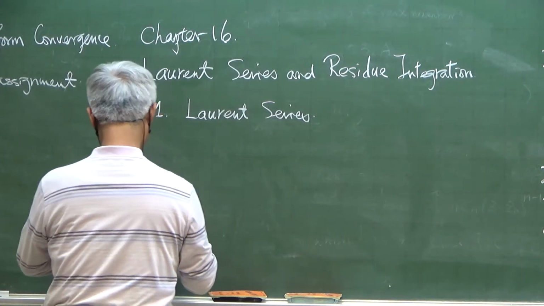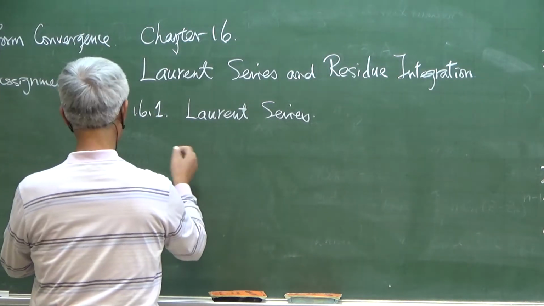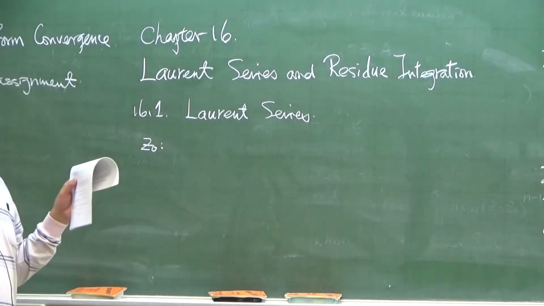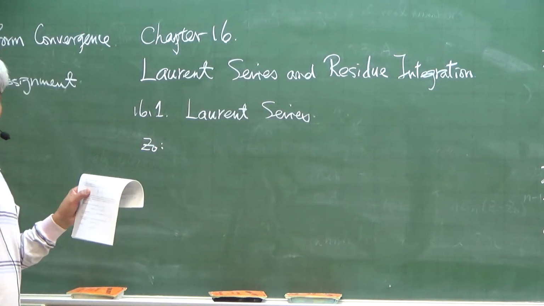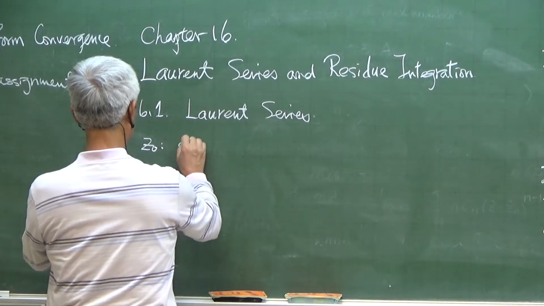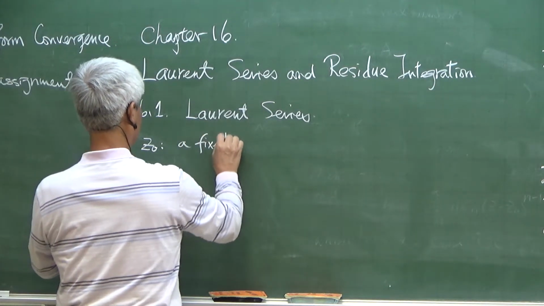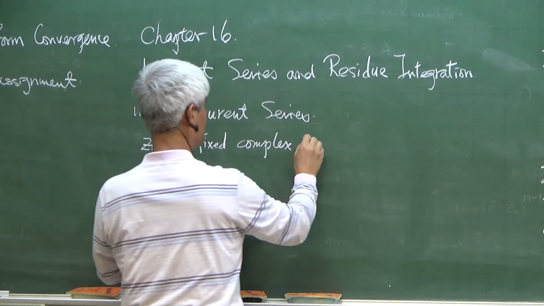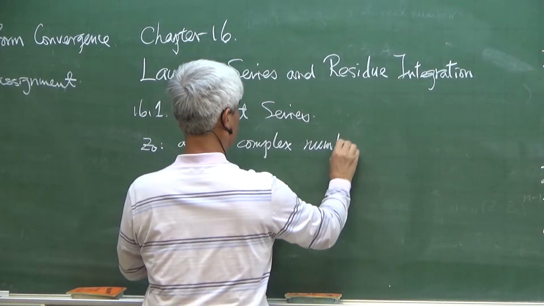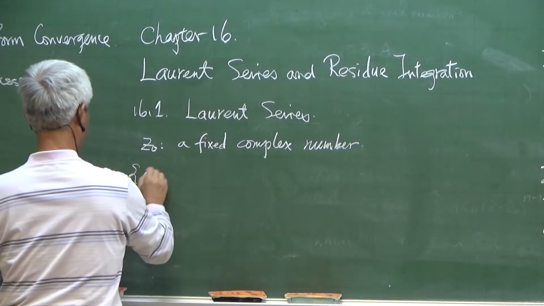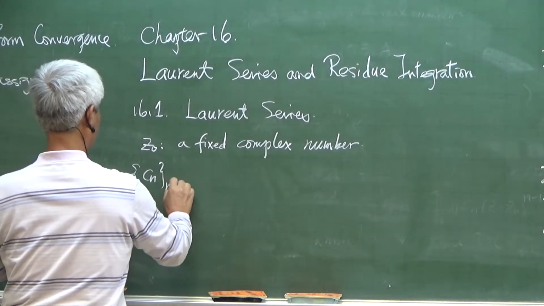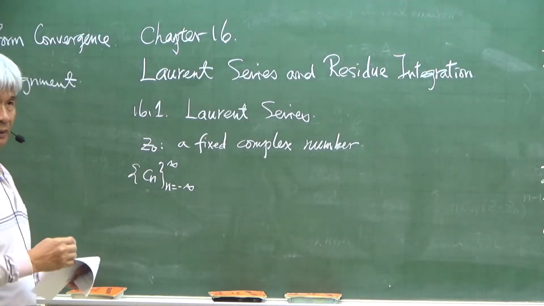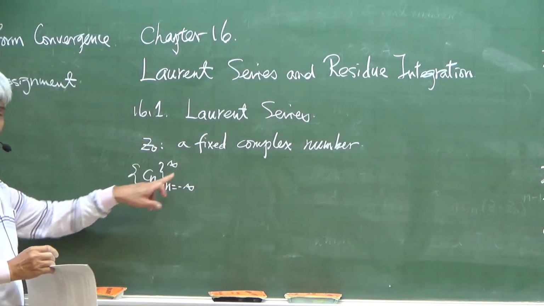Okay, so now the Laurent series is an extension of the power series. So z0 is a fixed complex number, and it will again be used as a center. Now we have c_n, but now the sequence is a two-sided sequence. The index is from minus infinity to infinity.